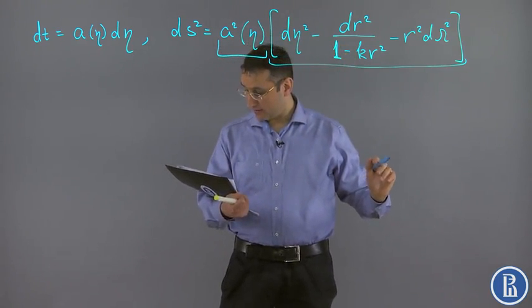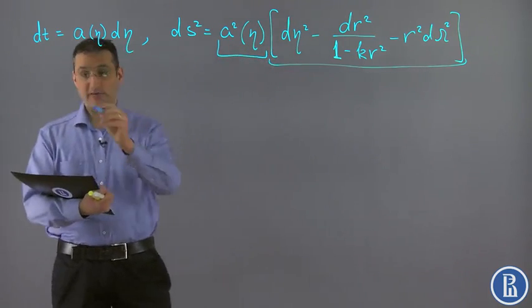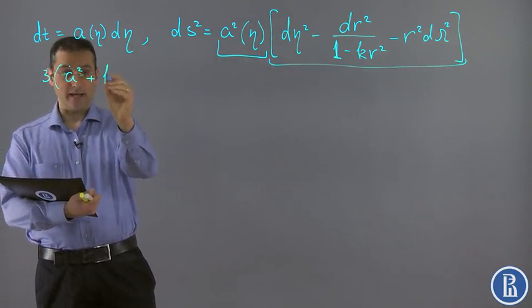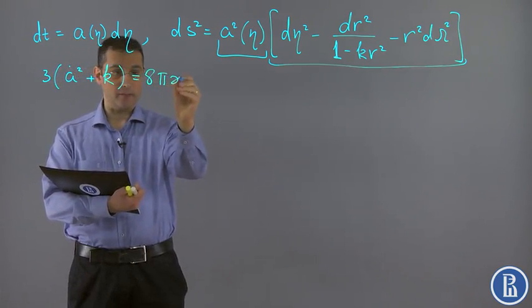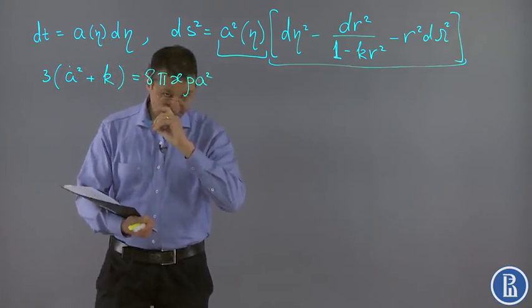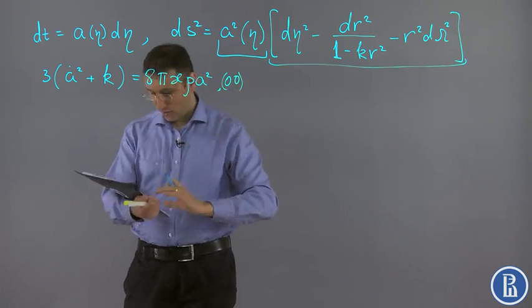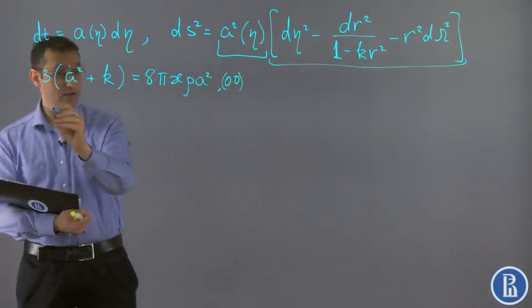So then, from the equation 3 a dot squared plus k equal to 8 pi kappa rho a squared, which is the 0 component of Einstein equations, we obtain the following relation.